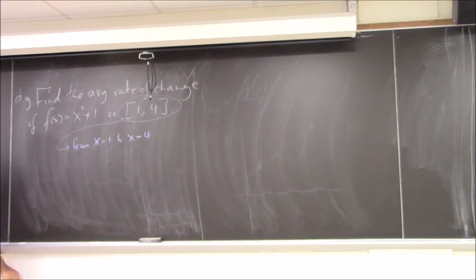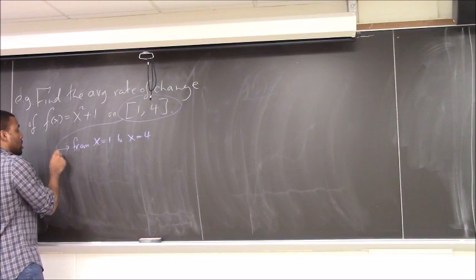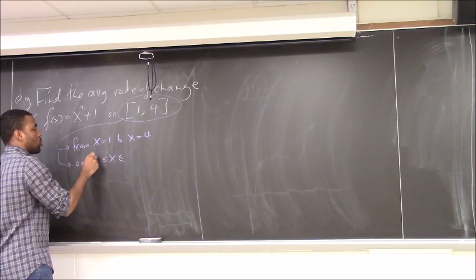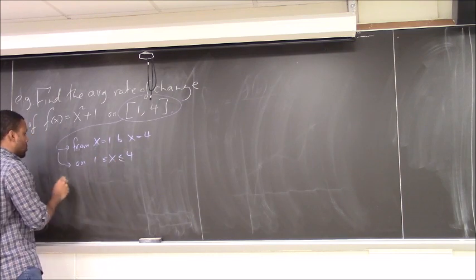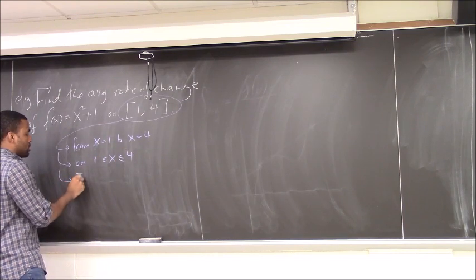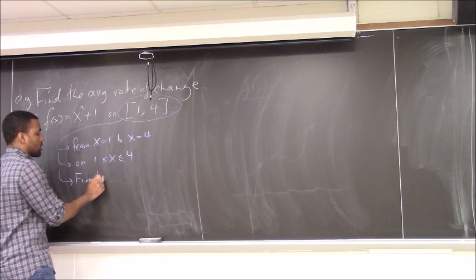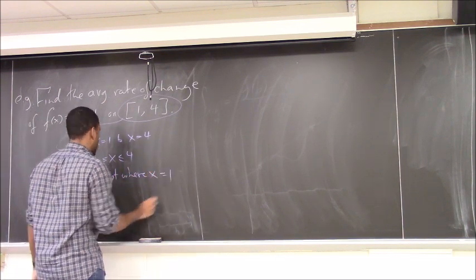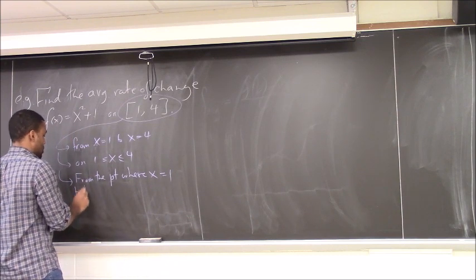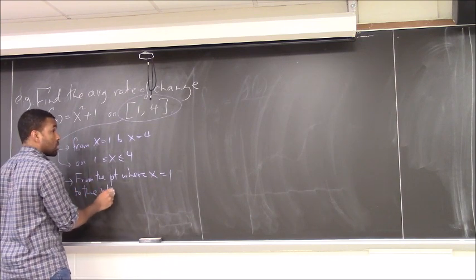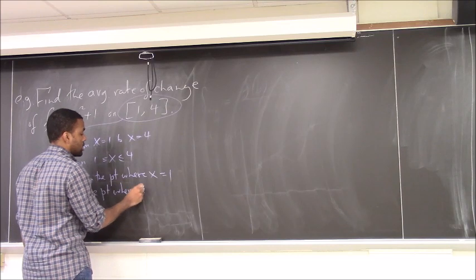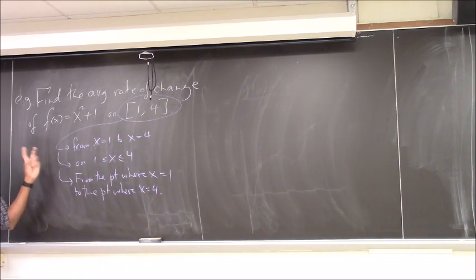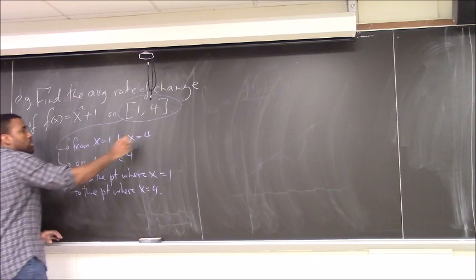Or we might say on x from 1 to 4, or we might say something like from the point where x equals 1 to the point where x equals 4, or something similar like that. So there are a multitude of ways I can phrase asking about a particular interval.